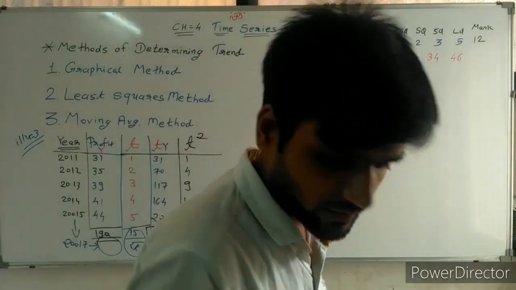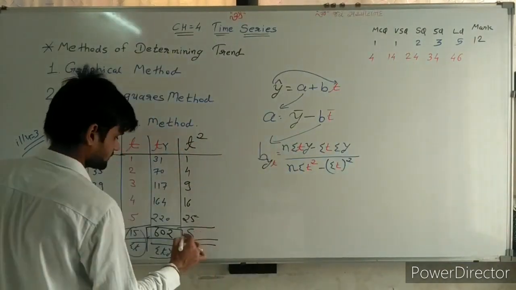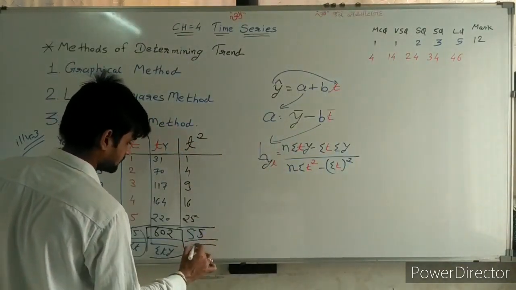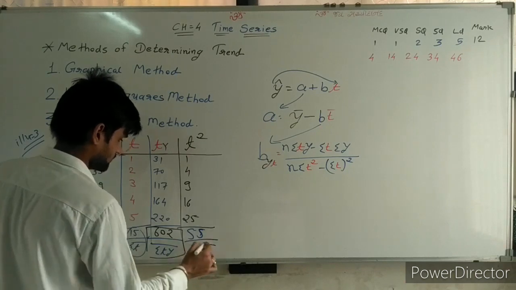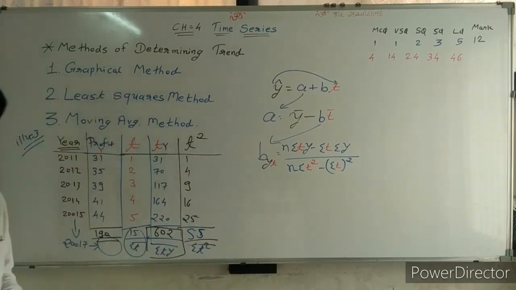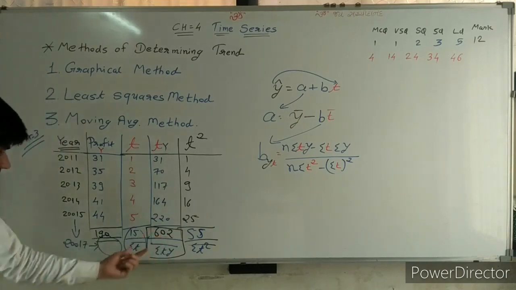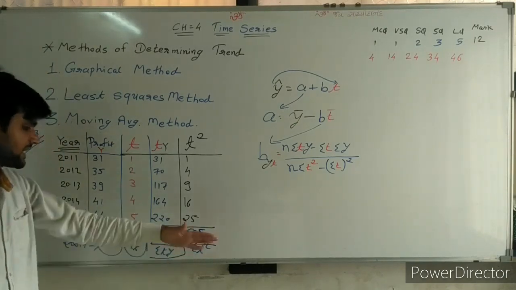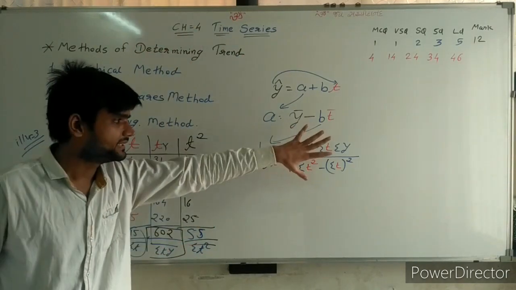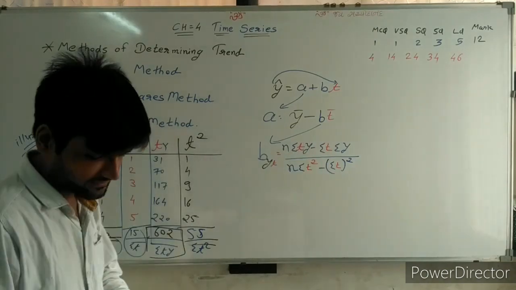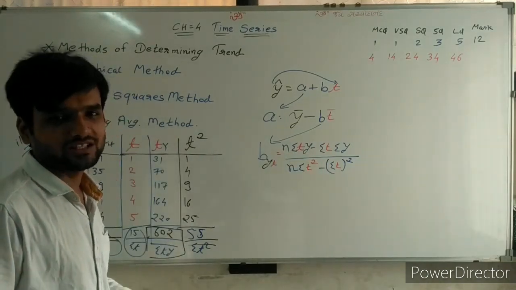Sigma t square is 55. That's it. So in this way, with sigma t square and sigma ty, we can find b. Now finding b becomes easy.